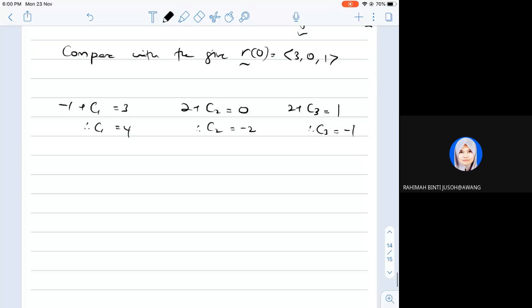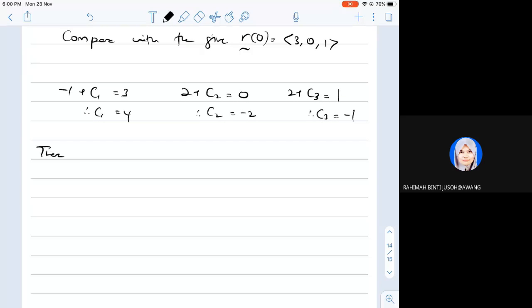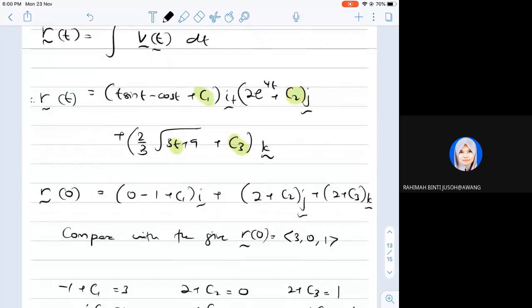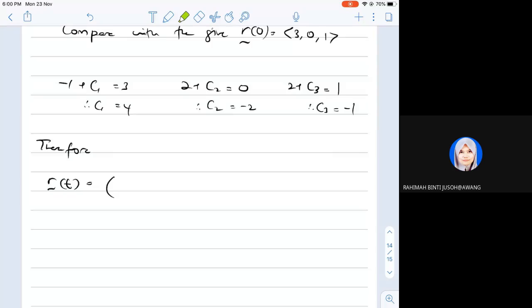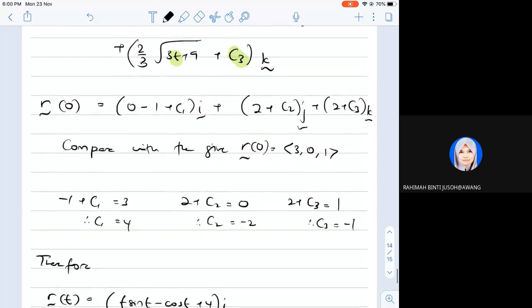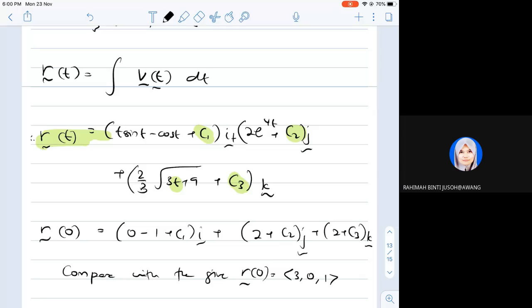So finally, r(t) equals, replacing back here, t sin t minus cos t plus 4i.